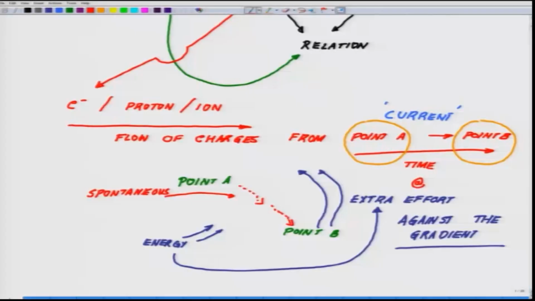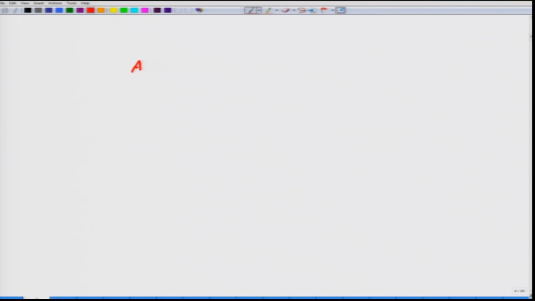In other words, say for example, there are two materials, material A and material B. Now, whether a charged particle will travel from material A to material B, or a charged particle will travel in the reverse direction B to A. So, one thing we decided and discussed just now, unless A is sitting at a higher potential as compared to B, the charge will not flow spontaneously from A to B, right.